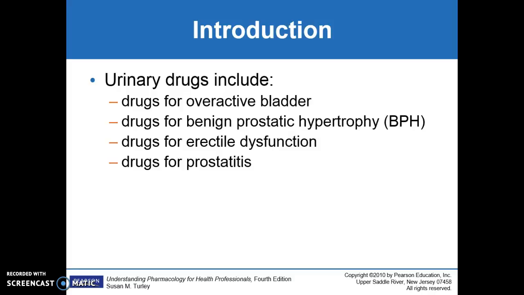So when we think about the different drugs, diuretics are included on here because the kidneys are part of the urinary tract system. Since the kidneys do all the filtering and circulating of the blood, they're also used to eliminate excess fluid. So that's why diuretics are included in this particular category.